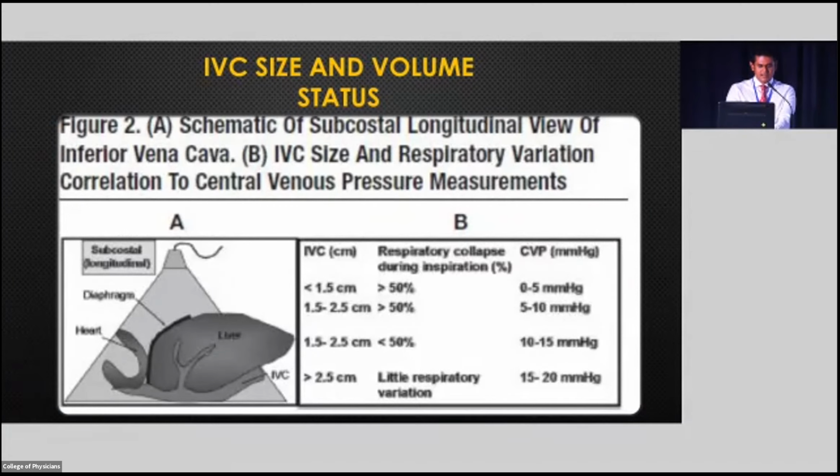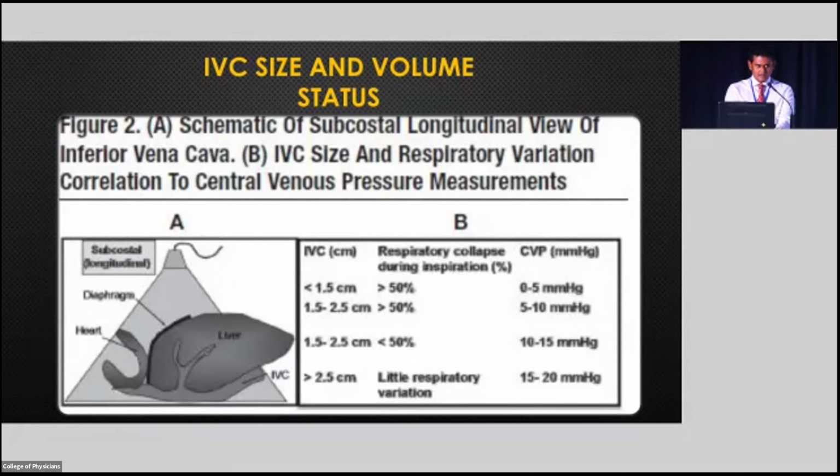Now, these are numbers which we don't need to remember. The IVC diameter and the respiratory collapsibility will tell you the CVP. But on the other hand, do we really need to know the CVP? Because CVP does not really tell you whether you are going to be fluid responsive.